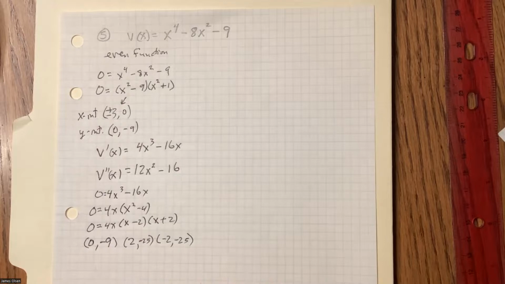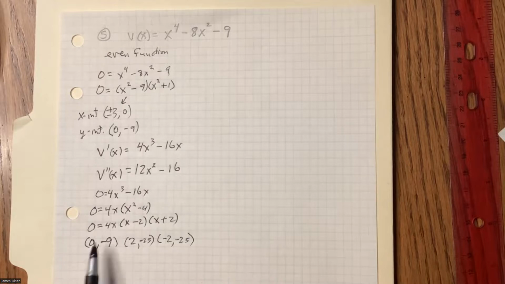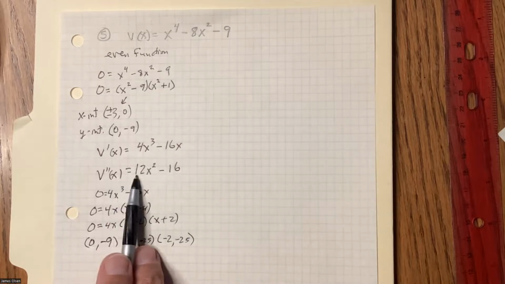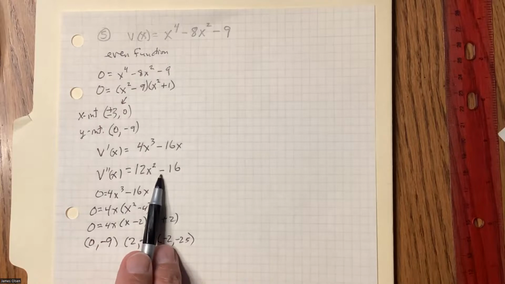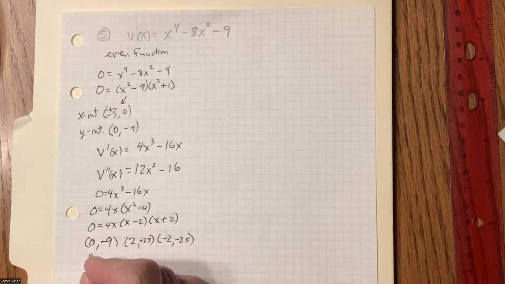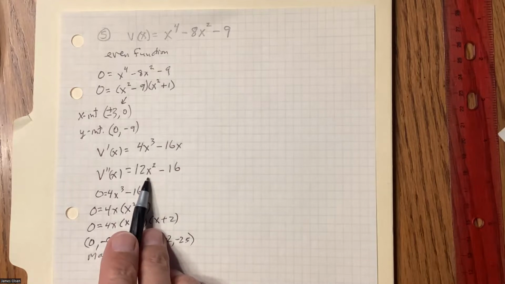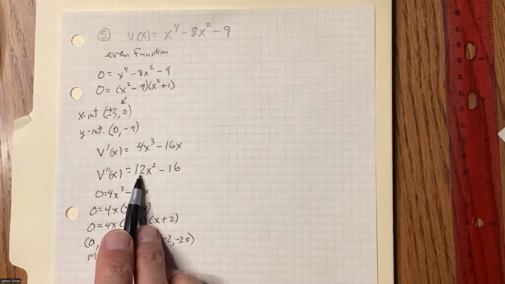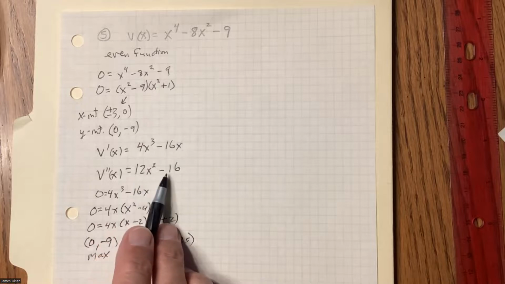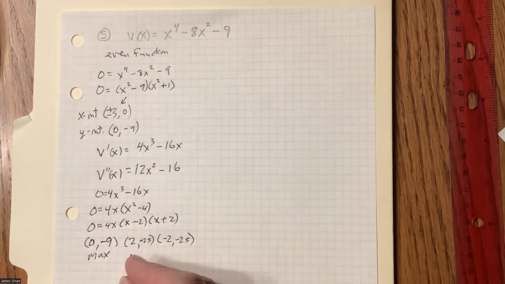If you substitute 0 into the second derivative, we get a negative, which means it's concave down, which means this is a max. If we substitute +2 into the second derivative, 4 times 12 is 48, minus 16 is positive, which means it's concave up. This is a minimum, and similarly, this is a minimum.